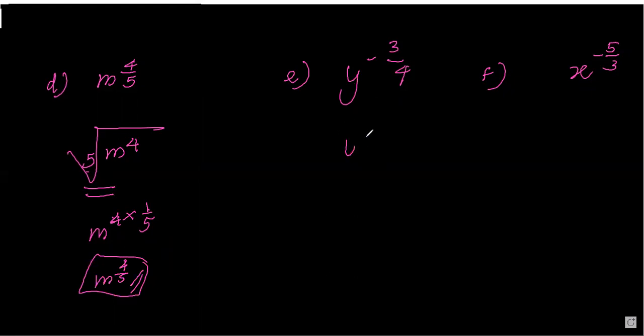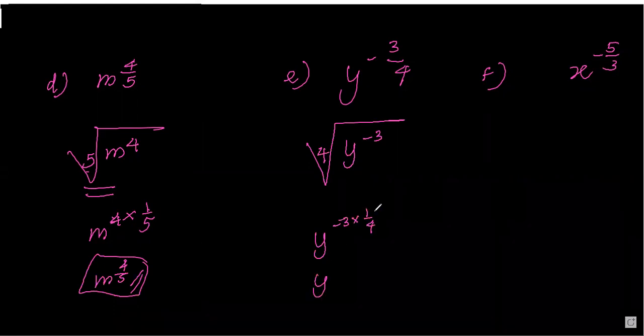Then y to the power minus 3 inside the hook, we are writing here 4. Even if you want to remove this, what are you going to do? Y to the power minus 3 into 1/4, y to the power minus 3/4. And this one, x to the power minus 5/3.